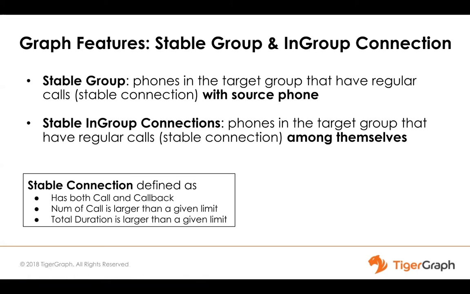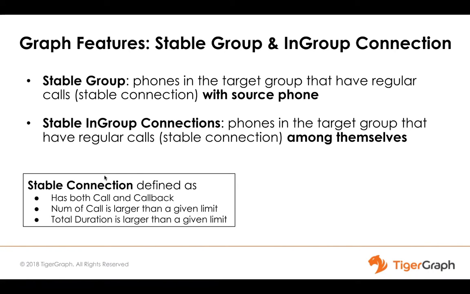So let's look at the more detailed definitions of the two features, the stable group and the in-group connection. For the stable group, we look at the phones in the target group, and whether each phone has regular calls with the source phone. For the stable in-group connection, we look at phones in the target group and whether they have regular calls among themselves.